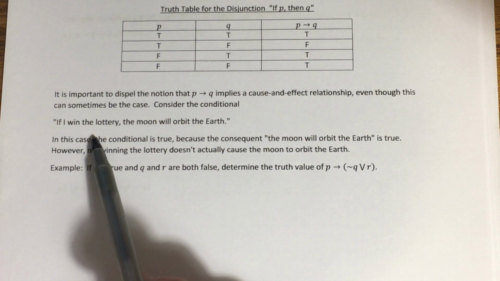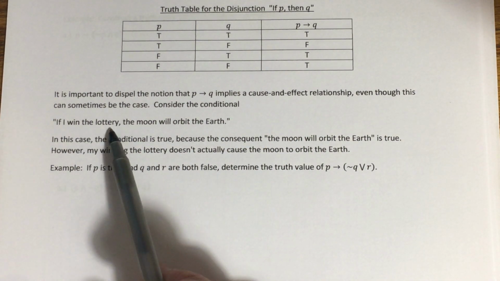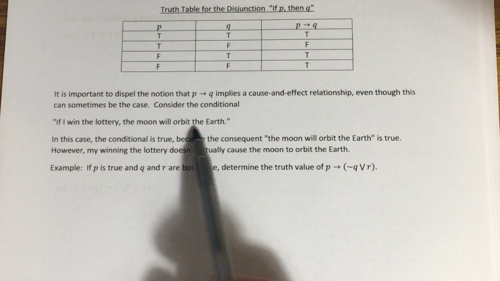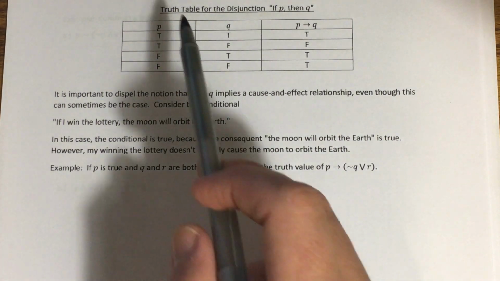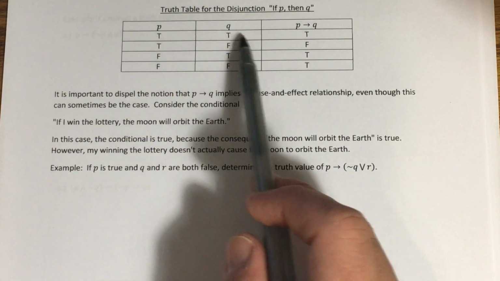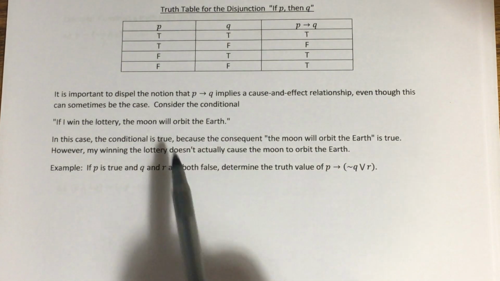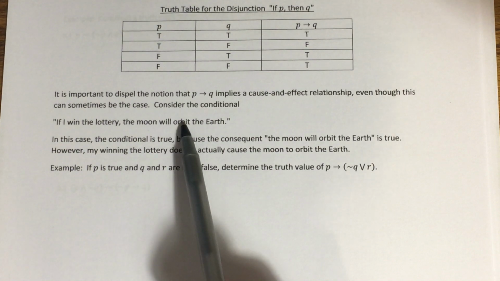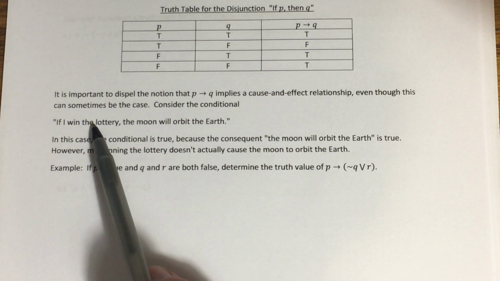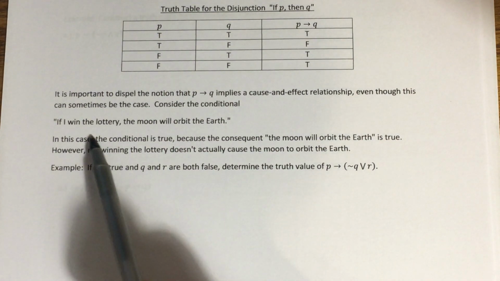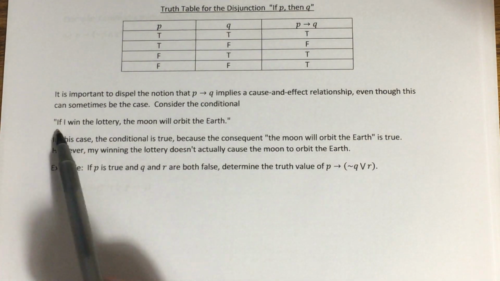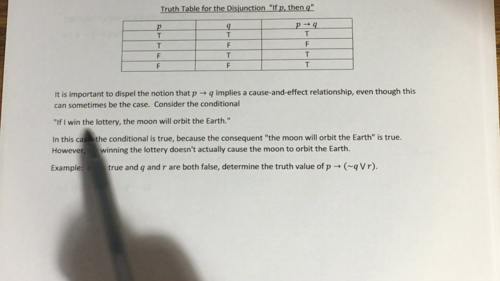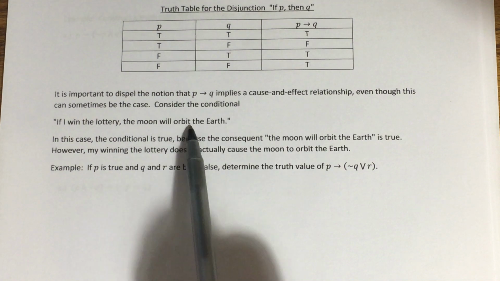Well, if I win the lottery, then that antecedent P is true. And the consequent is always going to be true, no matter what. So in that case, I'm looking at true implies true, which is true. If I do not win the lottery, the much more likely case, the moon's still going to orbit the Earth. Sorry, did I say if I win or if I don't? I forget which one I just said. If I don't win the lottery, then the moon will still orbit the Earth.